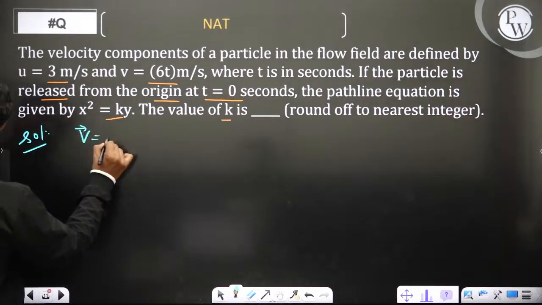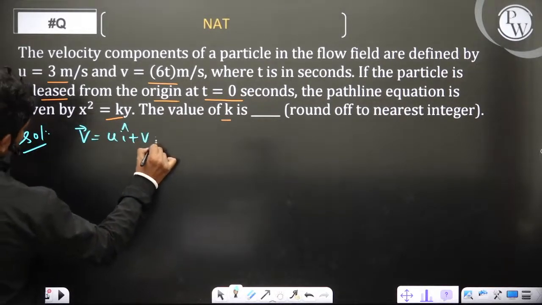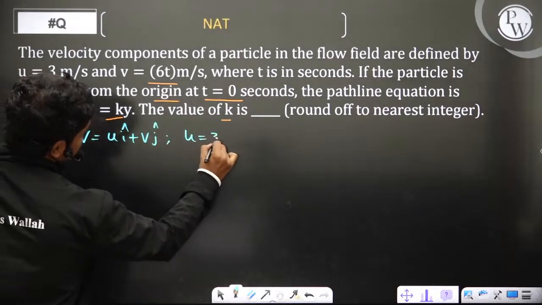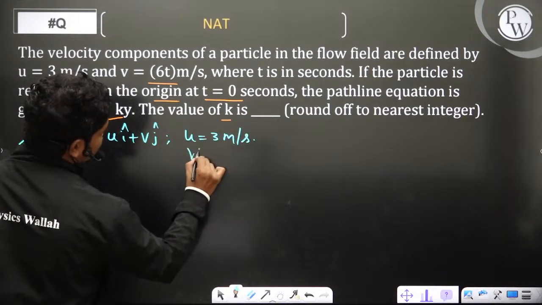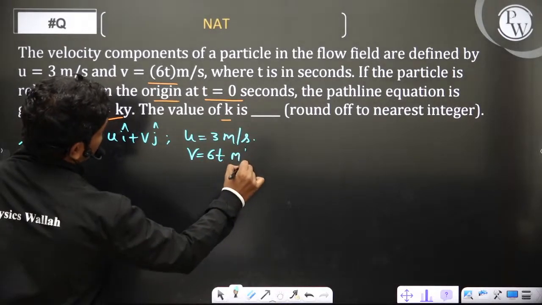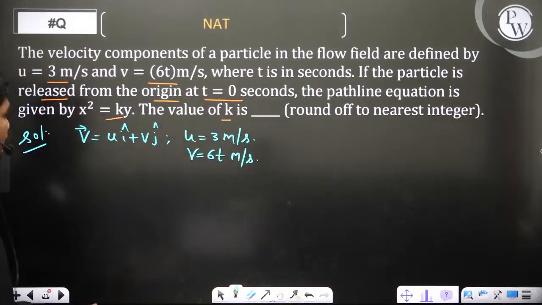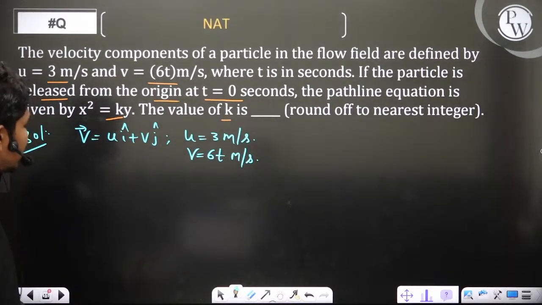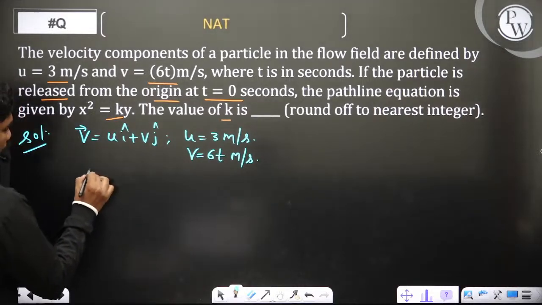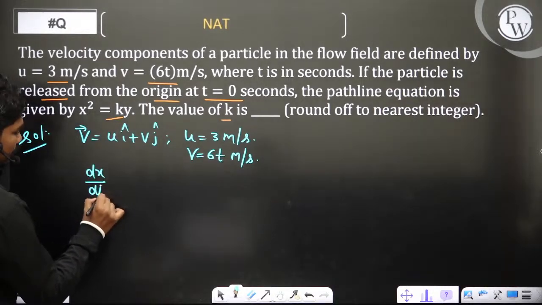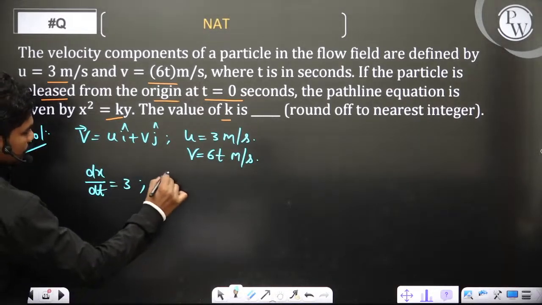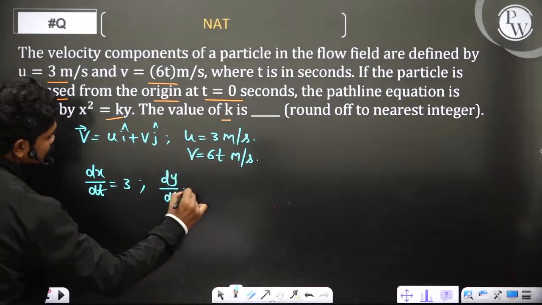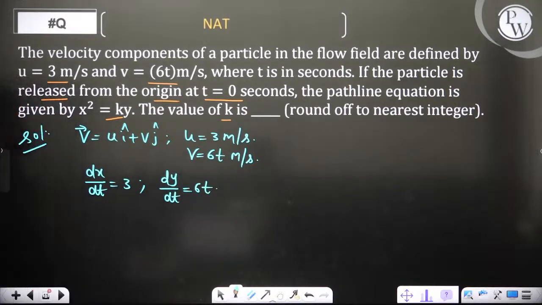V is equal to ui plus vj, u is 3 meters per second and v is 6t meters per second, where t is in seconds. If the particle is released from the origin at t is equal to 0 seconds, the path line equation is, see here, dx by dt they have given you as 3, dy by dt they have given you as 6t actually.